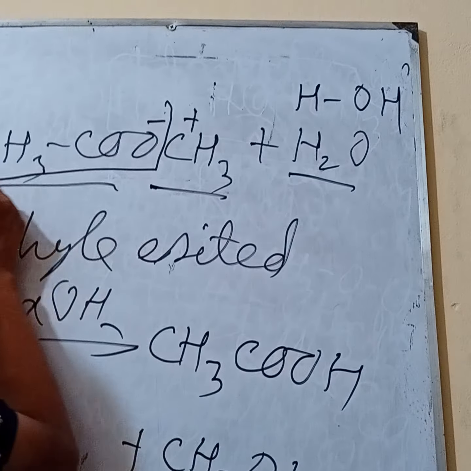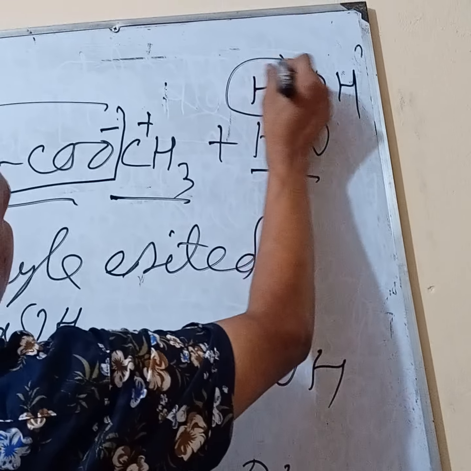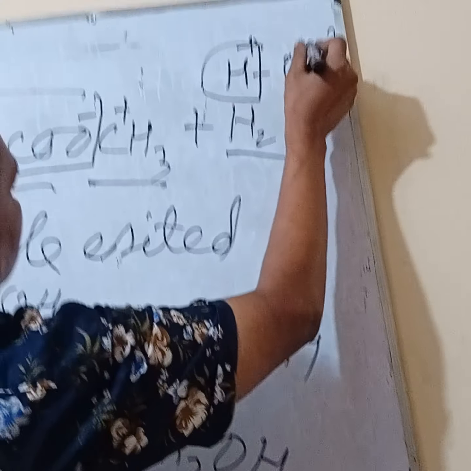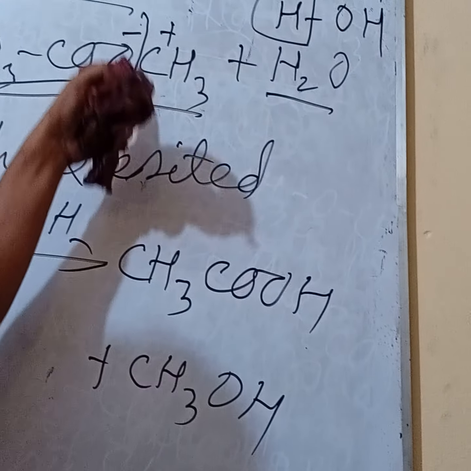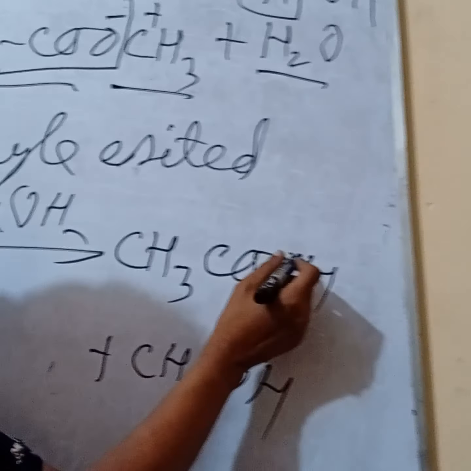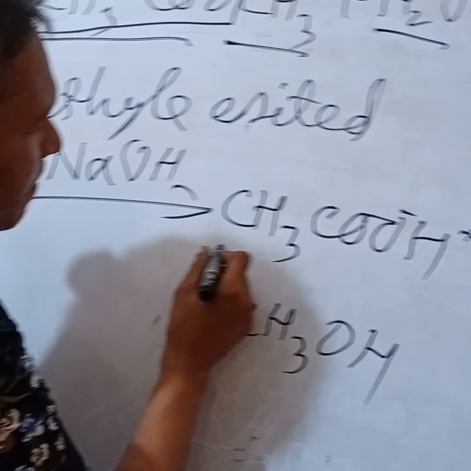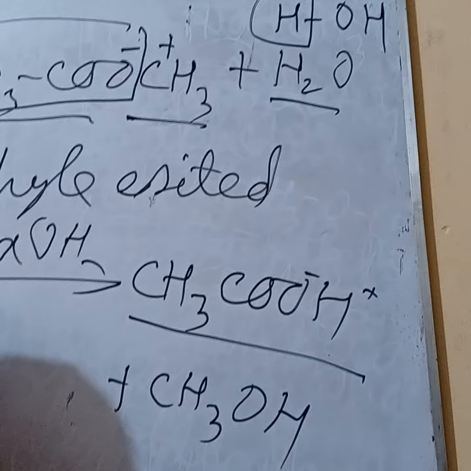They are minus, plus, minus, plus, minus. CH3COO minus, H plus. Ethanoic acid, and then CH3OH, methanol.